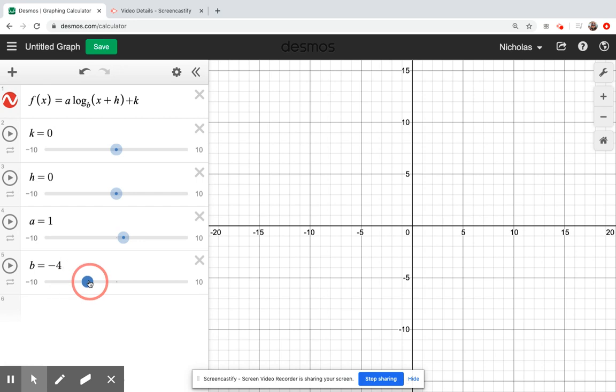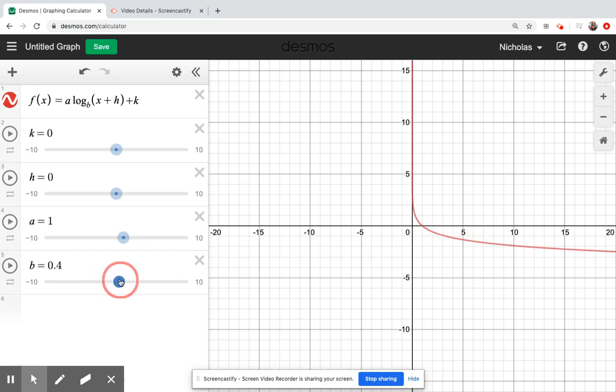There is no graph. It comes back to why it's the same B from the exponential functions. I'm not going to spend a whole lot of time on that right here. If you want to know why B can't be negative or 0, go back to the first video that we did as remote learning, and it's in there why B can't be negative.